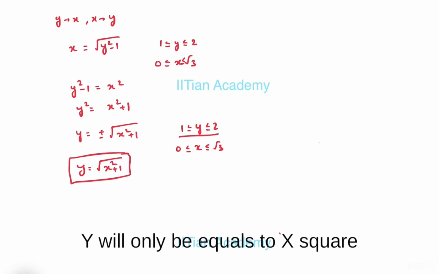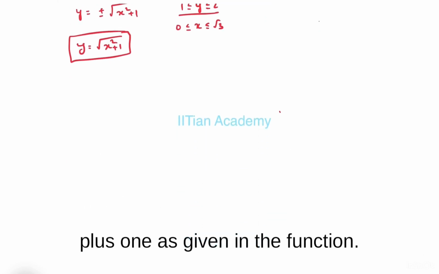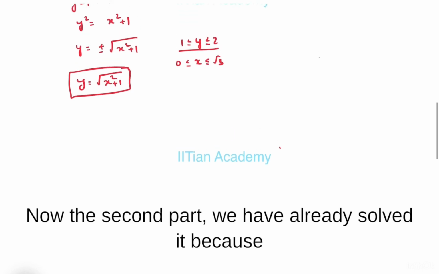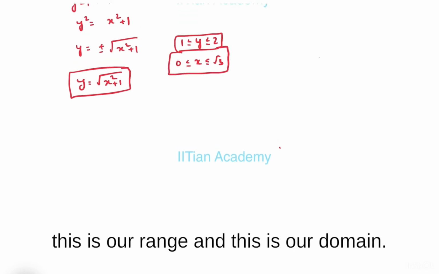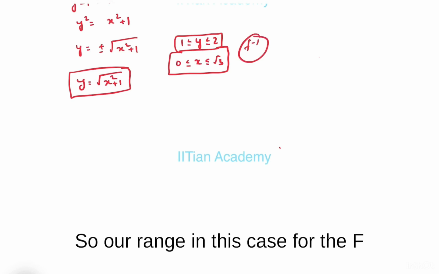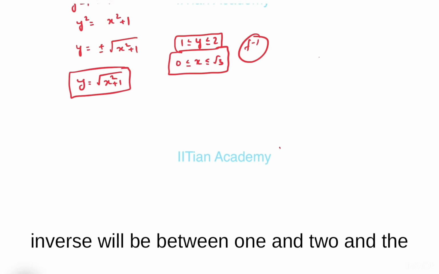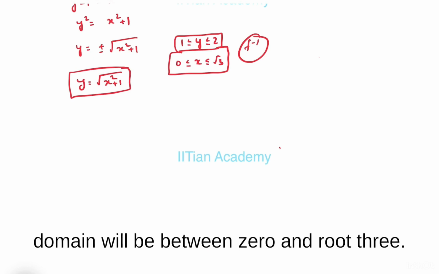So y will only be root under x² + 1. Now the second part we have already solved, because this is our range and this is our domain. The range and domain of f(x) will be reversed. So our range for the f inverse will be between 1 and 2, and the domain will be between 0 and root 3.